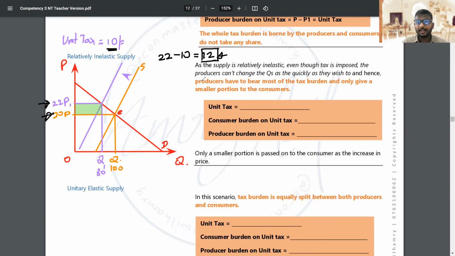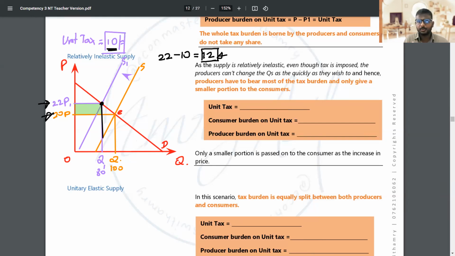So how to show that in the graph? Simple. You go to the new equilibrium. From the new equilibrium point, go to the old supply curve. You're going from the new supply curve vertically directly to the old supply curve. And I believe you know this by now. The vertical gap between both the curves is always equal to the unit tax amount.